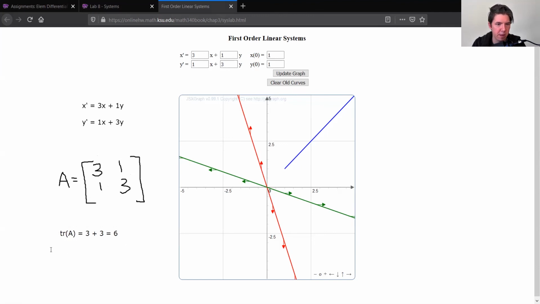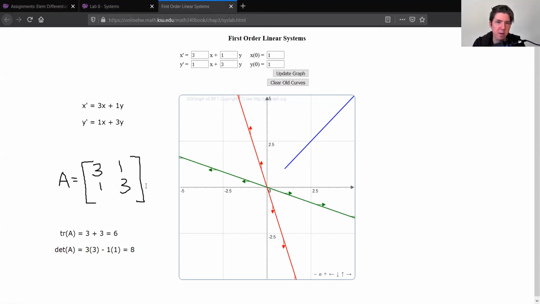The determinant of A is going to be, according to the determinant formula for 2 by 2 matrices, 3 times 3 minus 1 times 1, which is, of course, equal to 8.